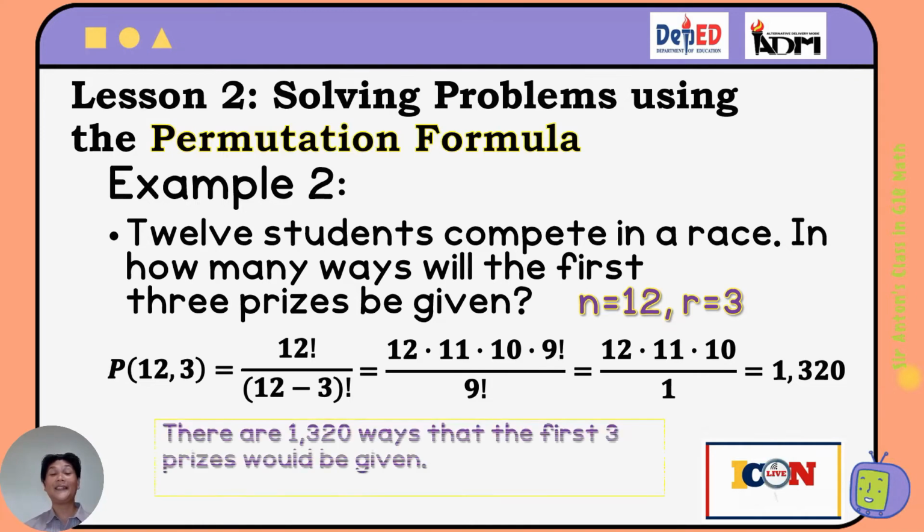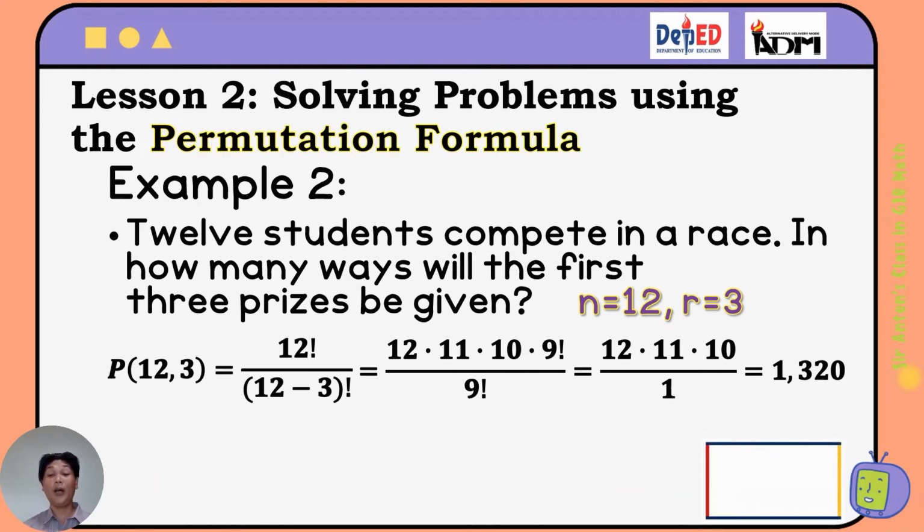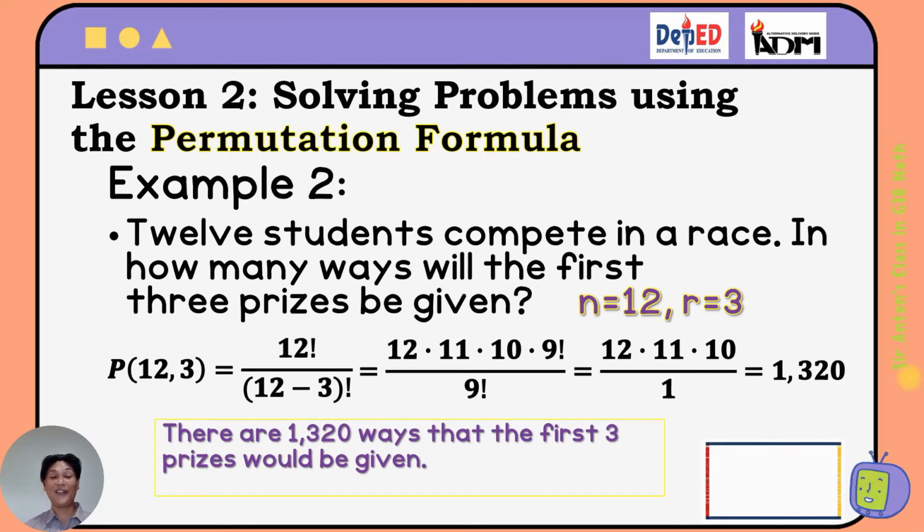So we can just divide 9 factorial by 9 factorial. It will be 1. So what's left are the numbers 12 times 11 times 10 divided by 1. And the answer is 1,320. And there are 1,320 ways that the first 3 prizes would be given.